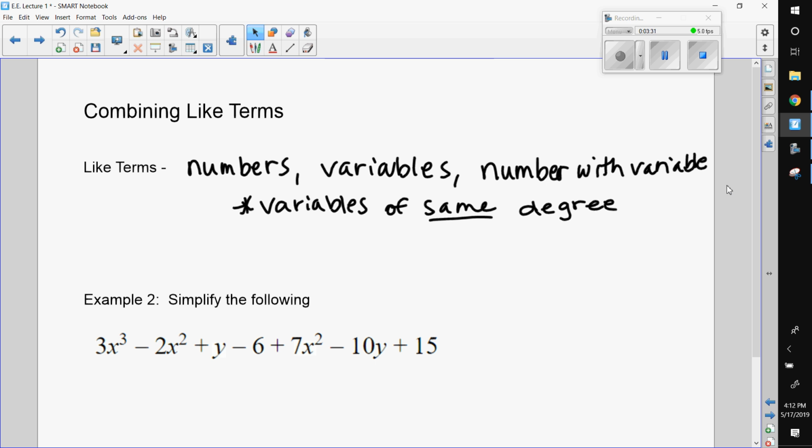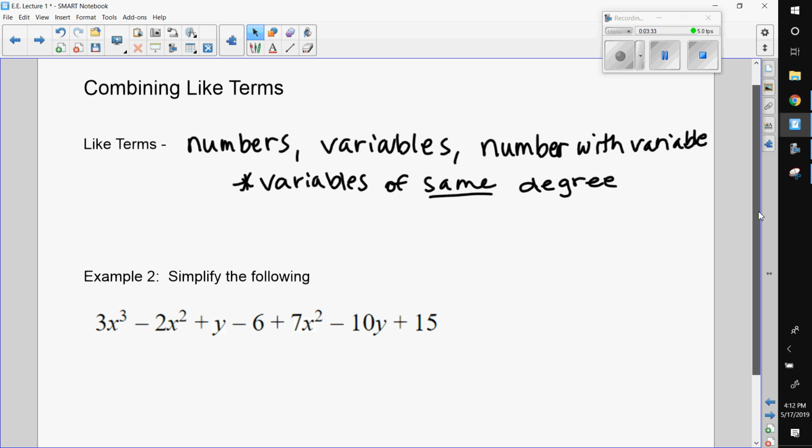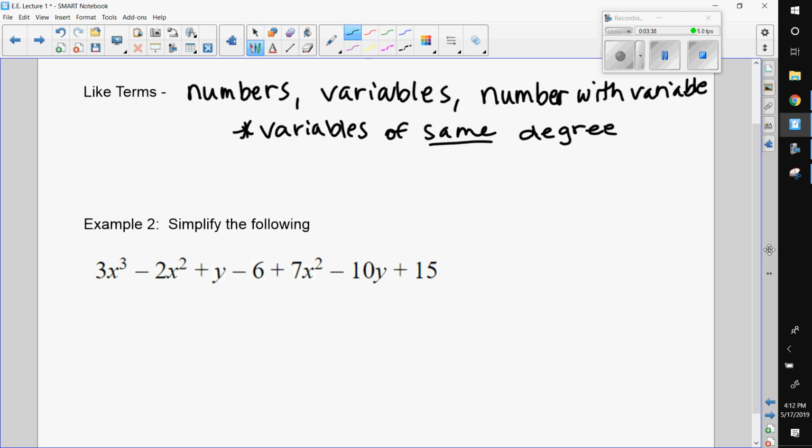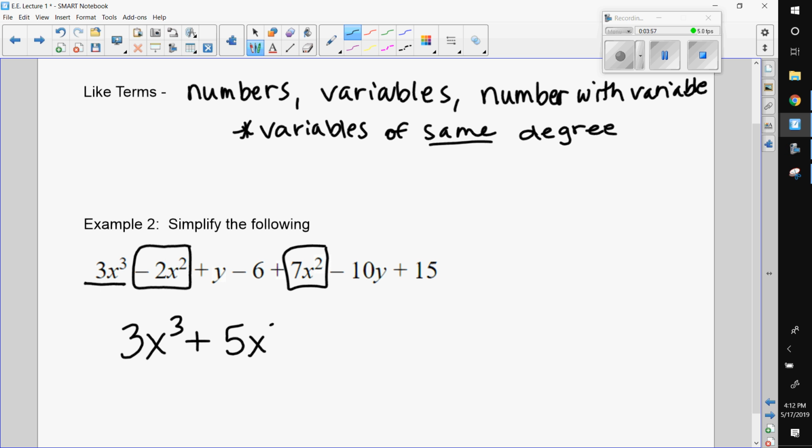So on the bottom here you see you have this example of combining like terms, so simplifying. I just want to recognize what I have. So I see that I have a 3x cubed. Okay, I'm looking at my exponents. I don't see anything else with a cube, so I'm going to leave that one the same. Then I see x squared, so I see 2 of them that have squares, so I'm going to combine those to get plus 5x squared. Then I see a y and a y, so I get negative 9y.